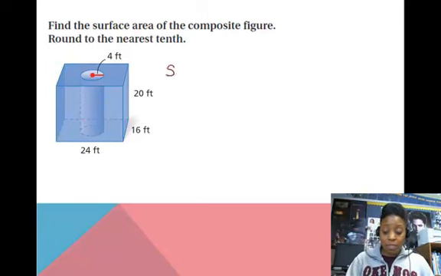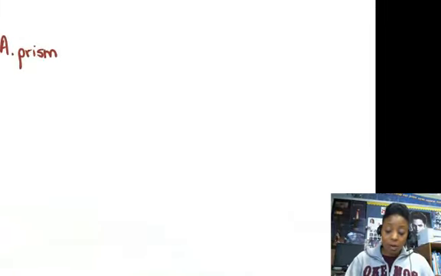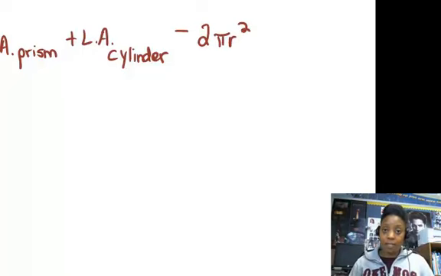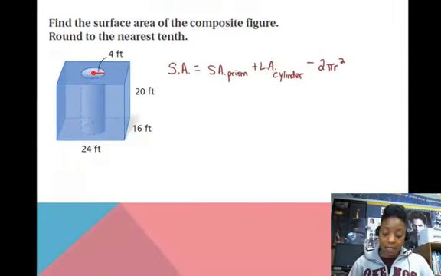So to find the surface area of this composite figure, we're going to have to find the surface area of the prism. We're going to have to add the lateral area of the cylinder, and then we're going to have to subtract out 2 pi r squared for the areas of these bases that we don't want to include in this surface area of the prism.